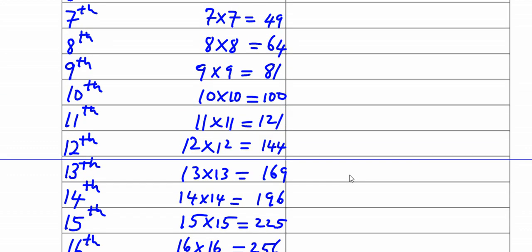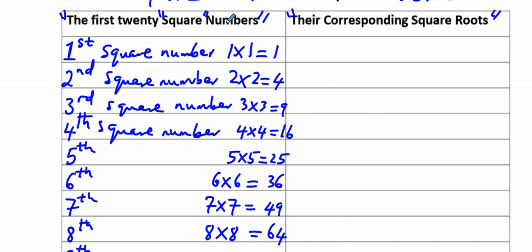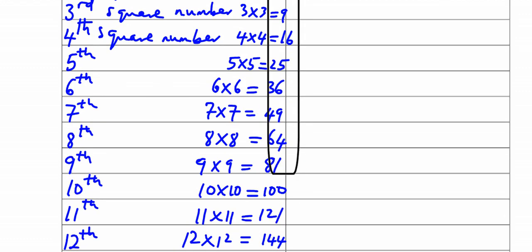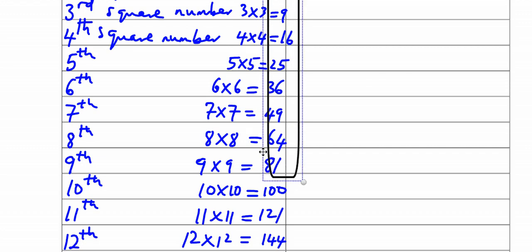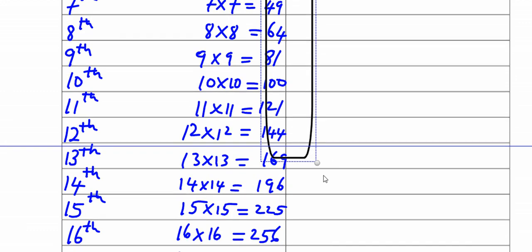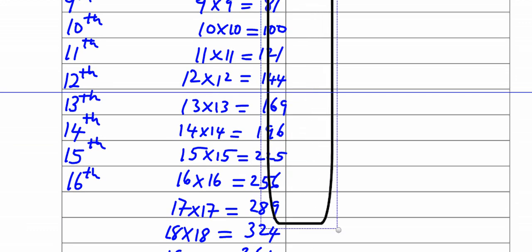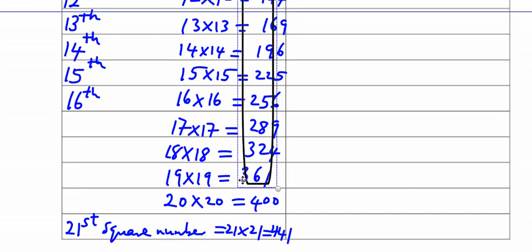Right, now, what are the square numbers now? That is the question. The square numbers are all of these numbers. See those? These numbers are what we call the square numbers. Right, so these numbers over here, put them down like so. All these numbers over here are what we call the square numbers.